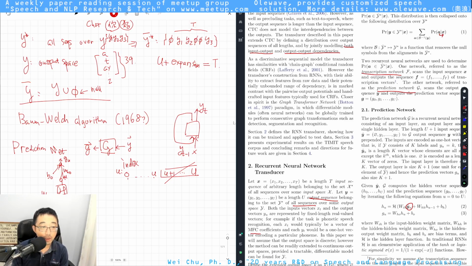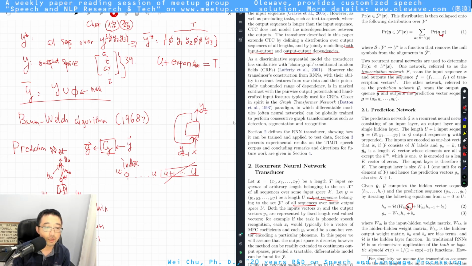Then I can draw the same thing for you, because the paper didn't draw this. It's still WHH, and it's still BH, and over here is still WIH. The matrix never changes, but this one became the U plus 1 label, U plus 1 index. You see YU plus 1, right?